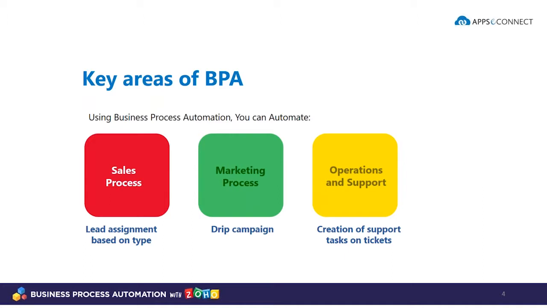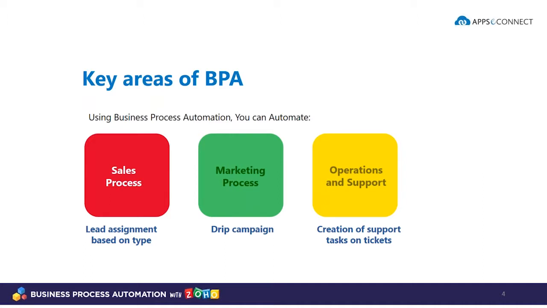So, discussing the key areas of business process automation. Using process automation, what can you automate? We can automate the sales process. We can automate the marketing process. We can also automate the operations and support process. An example of sales process automation is lead assignment based on type. You can assign the leads to people based on the type of leads.